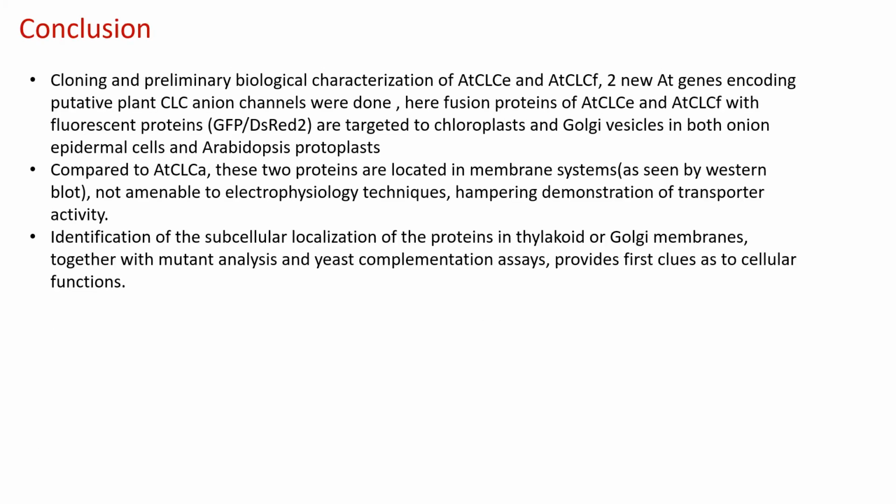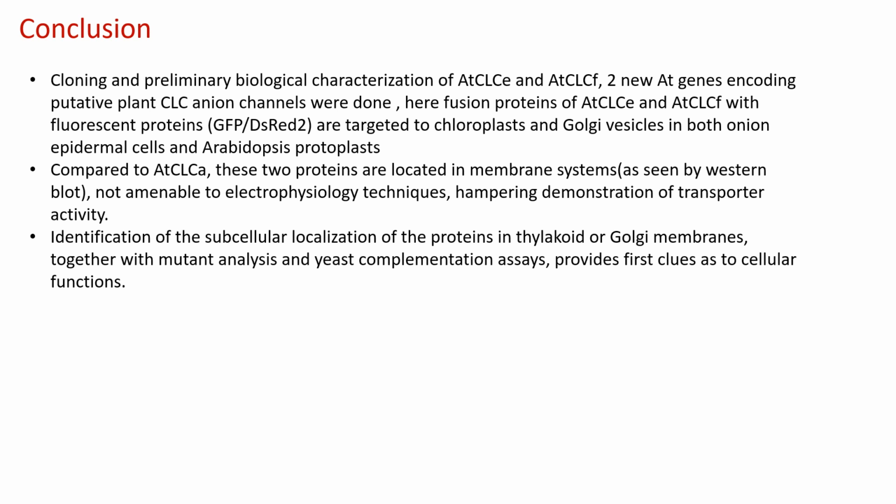So this brings me to the conclusion of this presentation, and from this paper, what I learned was there are 7 different types of CLC anion channels, and ATCL-CE and ATCL-CF were less studied, and that's why this was studied in this paper.